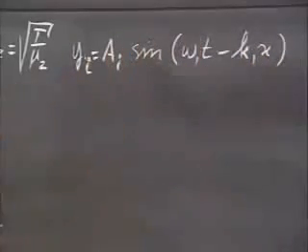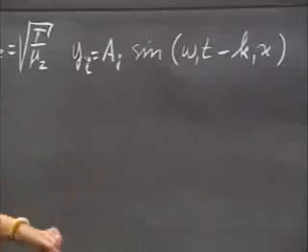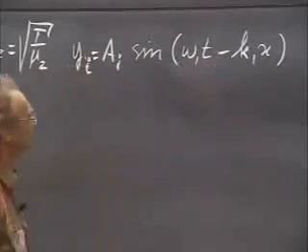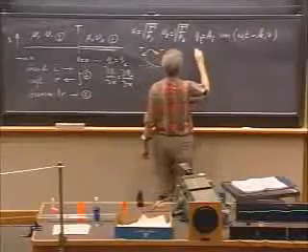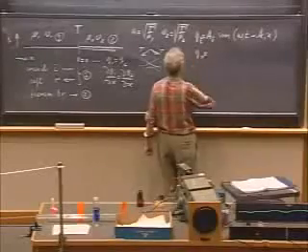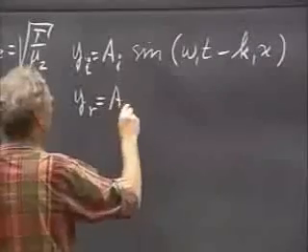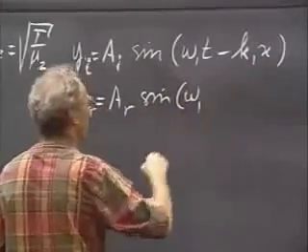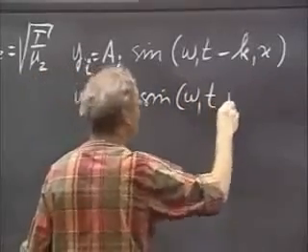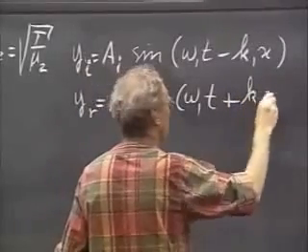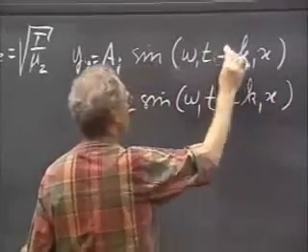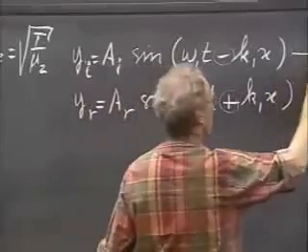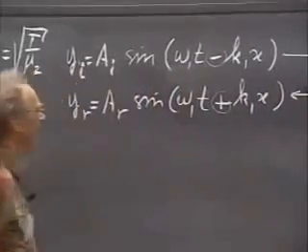That's clearly a traveling wave that moves in the plus direction, because the signs are different. And now I have a reflected wave, amplitude A reflected, times the sine, obviously the same frequency, but now I get plus k1 times x. Notice the difference in sign. This one is going this way, this one is coming back.